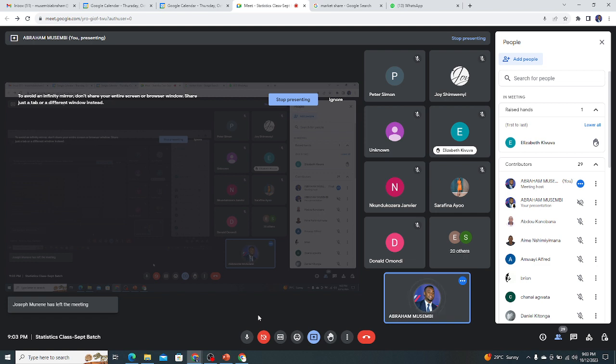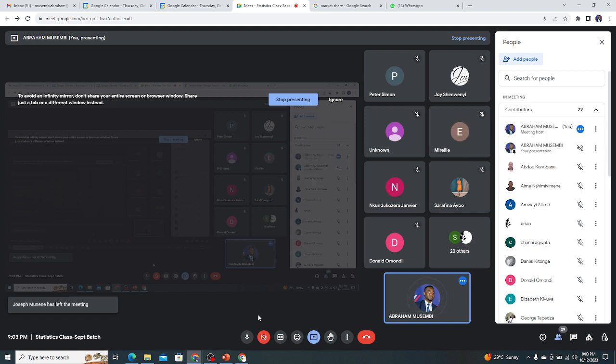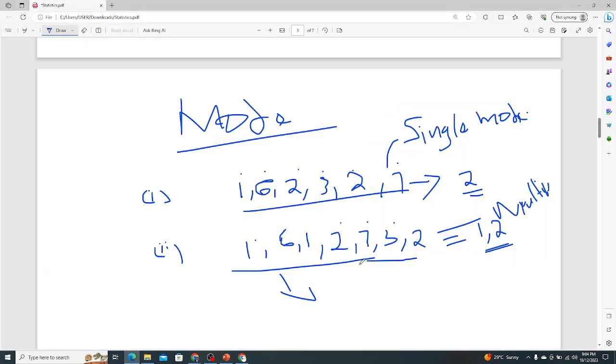Elizabeth: I've not understood what we will do when asked to find just one single mode. In the second illustration, the multiple mode, if you're asked to get just a single mode, you can see in our data which is the first value which is occurring more than once.